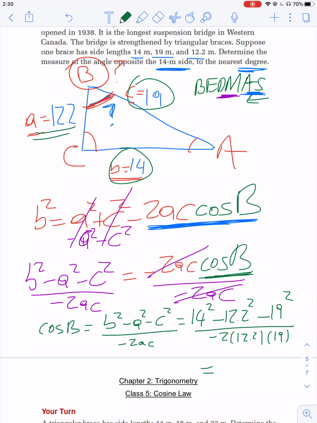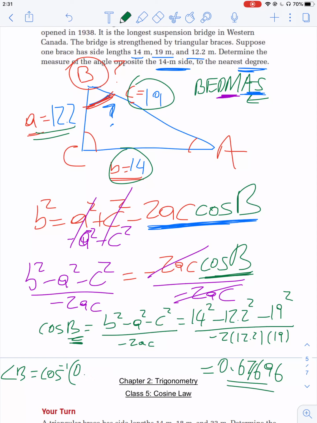So you're going to get 0.67696, let's say, okay? But you're not done, right? Because your goal is to find angle B, not cos of B. So angle B will then just equal the inverse cos of this value.